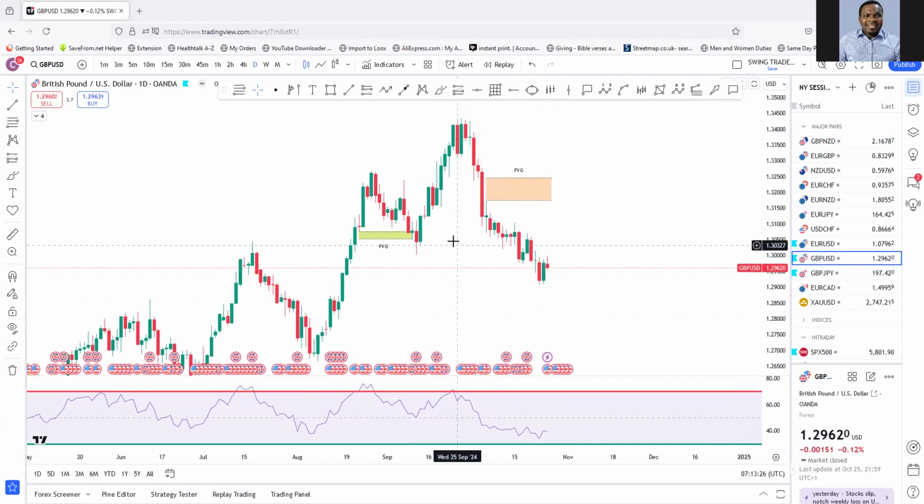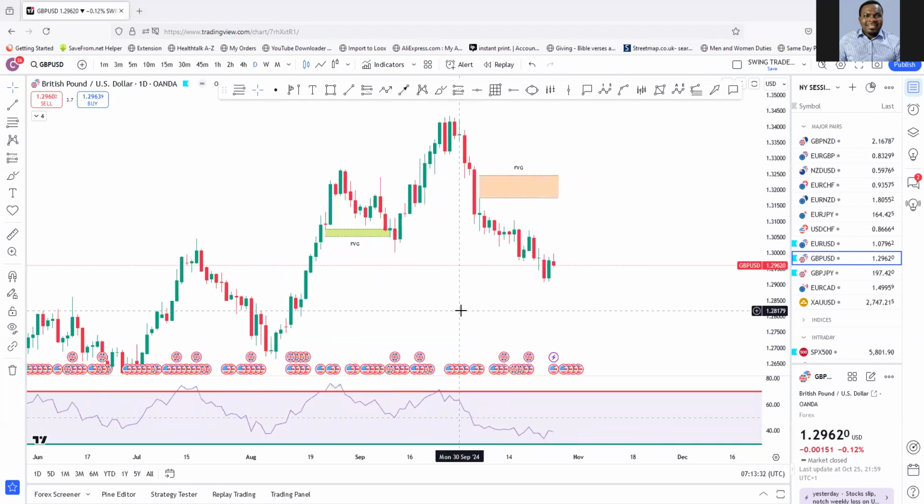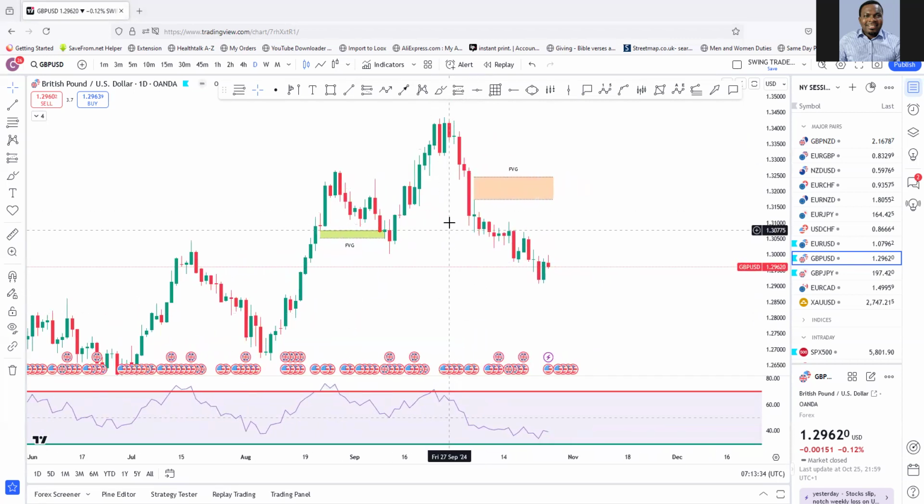So quickly, I want to look at the daily time frame. So this is the daily. Based on the daily time frame, we have been having this downward trend from a peak around early October, which is somewhere around here.